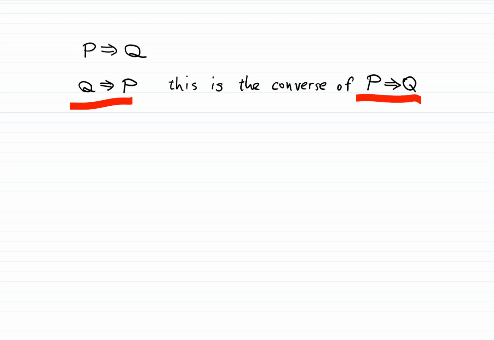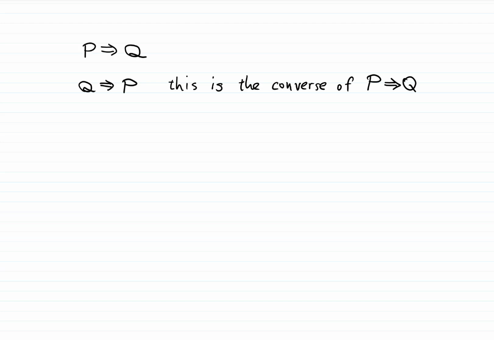Okay, let's think about my car as an example again. I can say, if my car is out of gas, then it won't run. That's a true statement. Does that mean if my car won't run, then it's out of gas? Certainly not, because I can fill up my gas tank and still have my car not running, right? What if I take out the spark plugs?